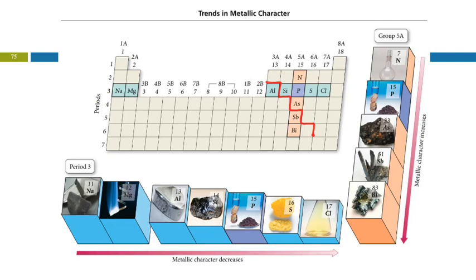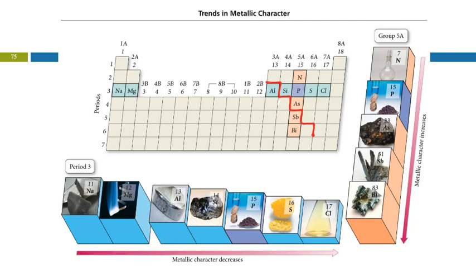So it makes sense. Metallic character is decreasing as we go towards the nonmetals. As you go down a group, we're starting with nonmetals and going into the metals, so metallic character increases as we go down. In the middle on each side of this line are the semi-metals, and their characteristics are in between.